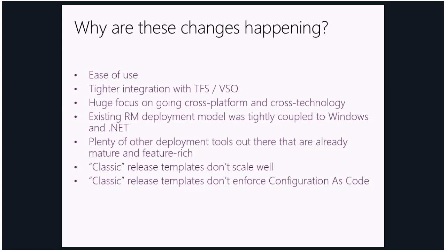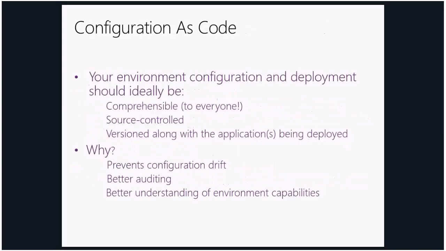And classic release templates also don't help you enforce a concept called configuration as code. So I'm going to talk a little bit about configuration as code. In a perfect world, ideally, your environment configuration and your deployment methodology should be something that's comprehensible to everyone. So your ops team, who might not be technical, or at least not developer technical, so they might not have a background writing code.